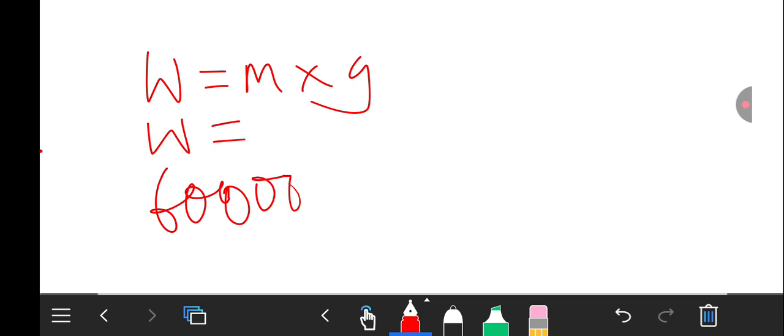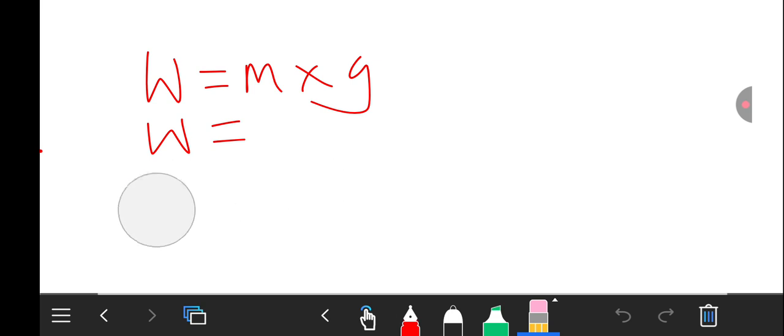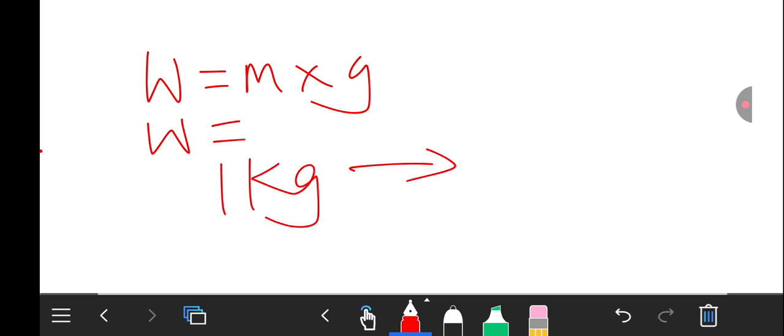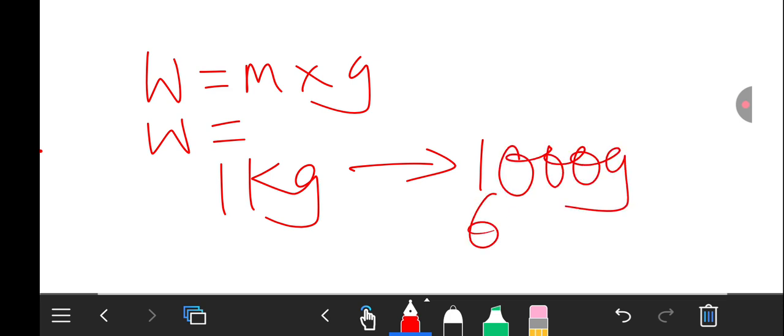But you need to convert this mass into what? Into kilograms, the SI unit for mass. So you know that 1 kilogram is equivalent to what? 1,000 grams.